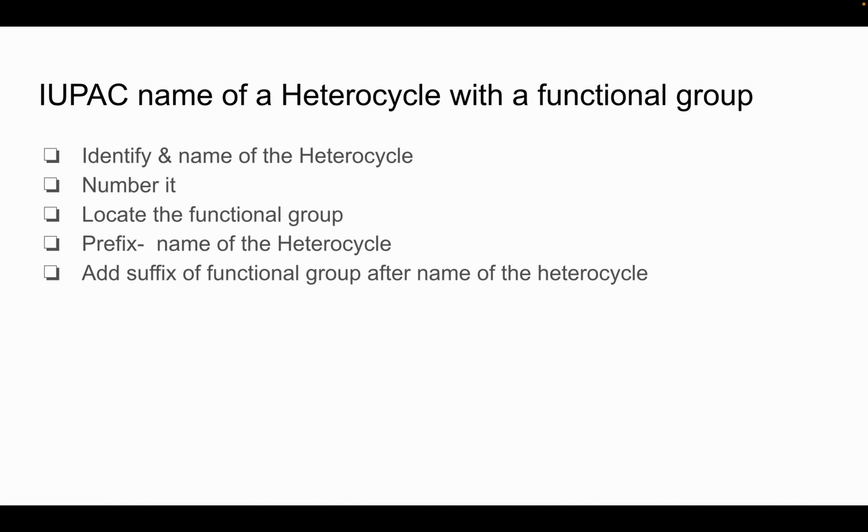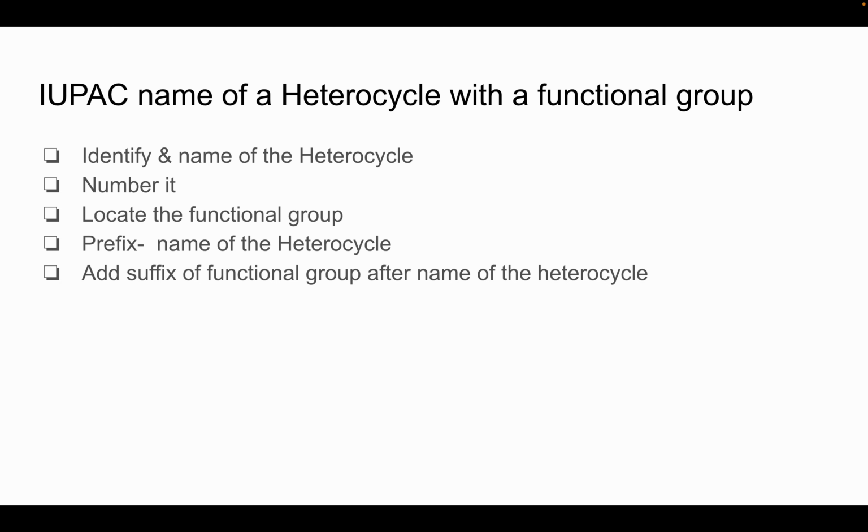Now whatever functional groups we are going to see, if they are present outside of the ring, the suffix is used to mention that functional group. This suffix rule is applicable if the heterocycle has one functional group.